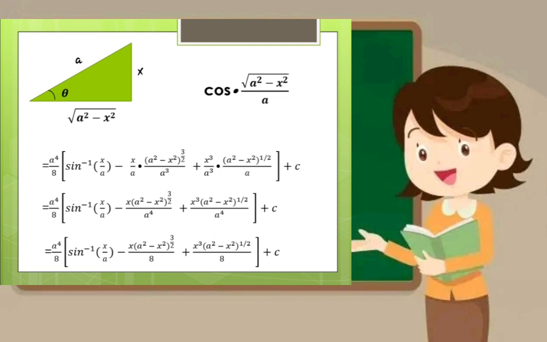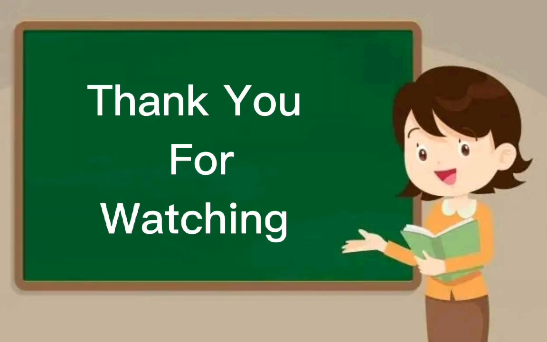If we want to distribute a raised to the 4 over 8, we have a to the 4 over 8 times arc sine of x over a, minus x times a² minus x² raised to 3 halves all over 8, plus x cubed times a² minus x² raised to the 1 half all over 8, plus c. So this will be the final answer in this problem number 2.